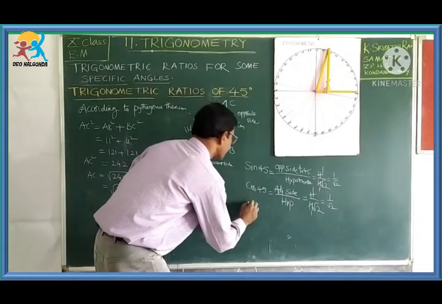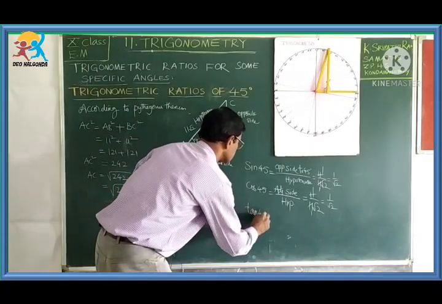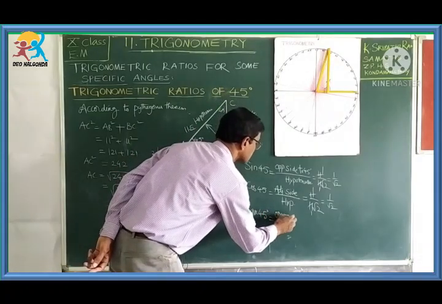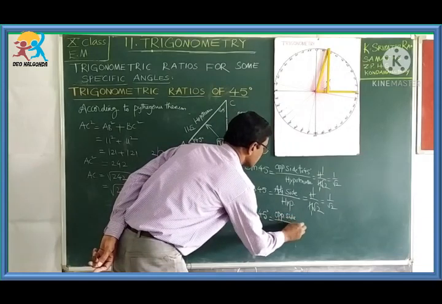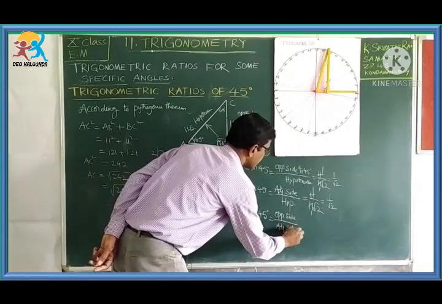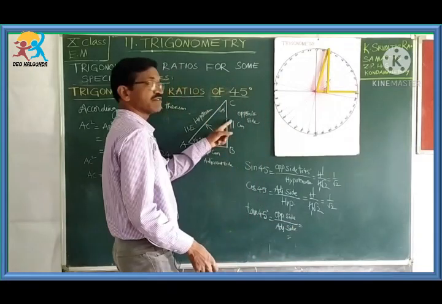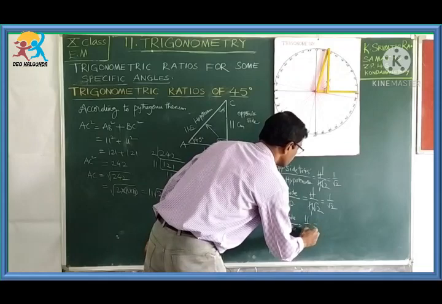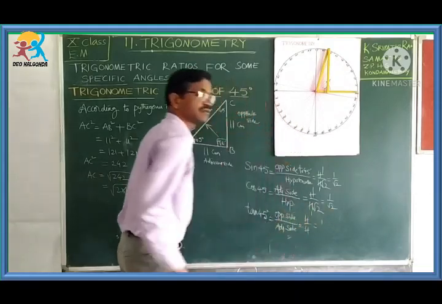Next let us take tan 45. Tan 45 is opposite side by adjacent side. According to the definition of tan theta, opposite side by adjacent side, here 11 by 11, both get cancelled, we will get 1.